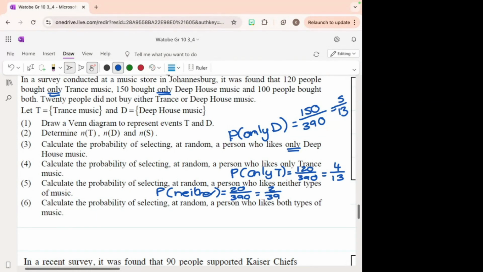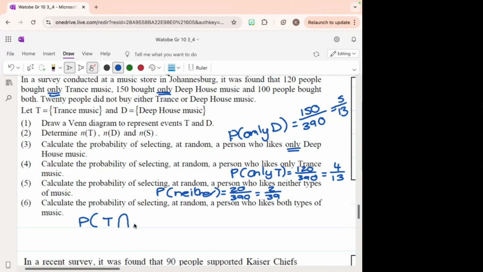Probability of both T and D. Is it fair to say that if I'm looking for both, T and D, remember what's and?